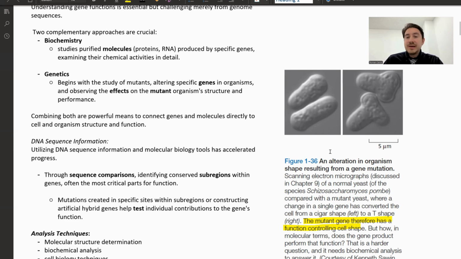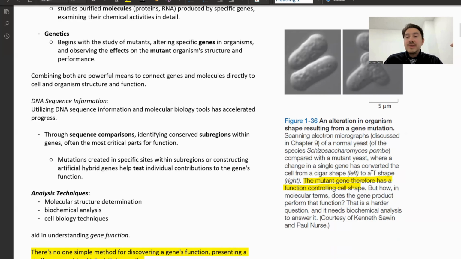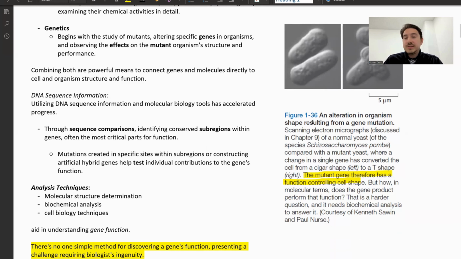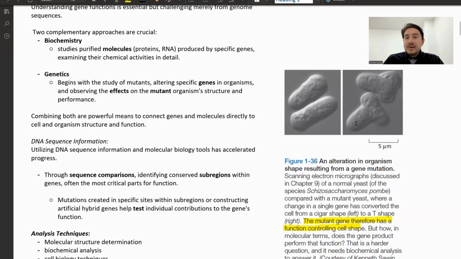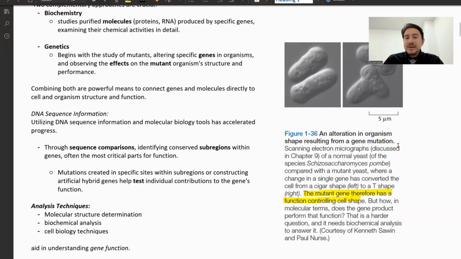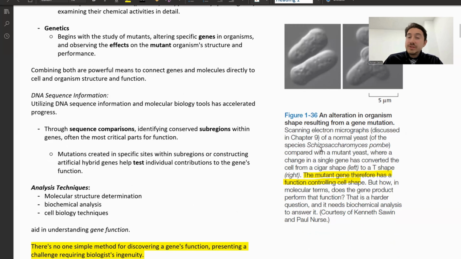Here, the book gives an example of an alteration in organism shape resulting from a gene mutation, and this is a study of, if I'm saying this correctly, Schizosaccharomyces pombe, a normal yeast compared to a mutant yeast.